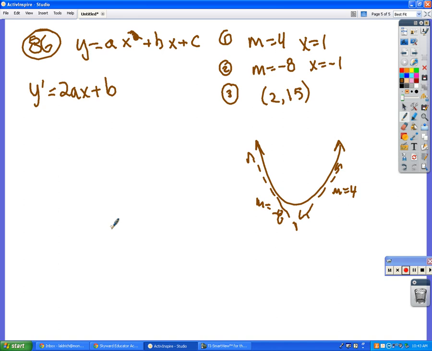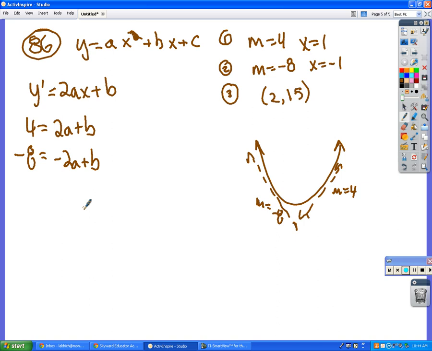So now I'm going to take the slope and plug it in for y prime, and take 1 and plug it in for x. And that gives me the equation 4 equals 2a plus b. Then I'm going to do the same thing, but use negative 8 for the slope and negative 1 for my x. So this tells me that negative 8 equals negative 2a plus b.